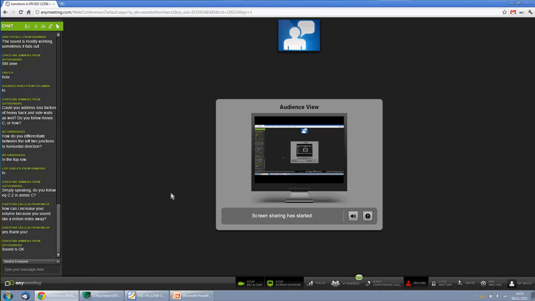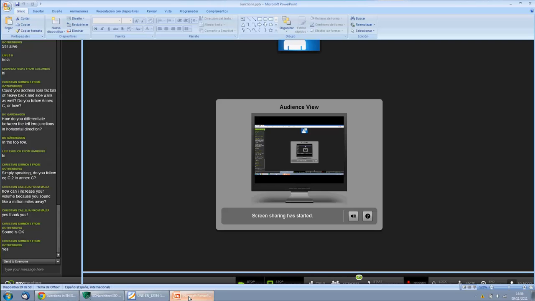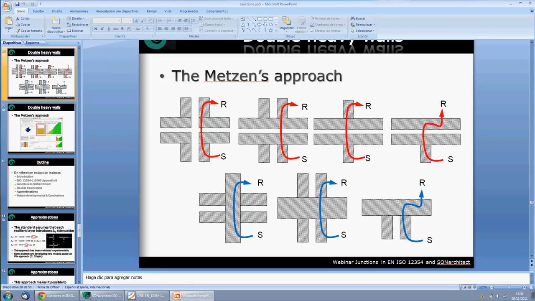How do you differentiate between the left junctions in horizontal direction? Well, I don't understand that. Maybe, Bob is asking, how do you differentiate between the left two junctions in horizontal direction? Could you please extend that question? We are moving on, but please type it. He's talking about one of these junctions. Yeah.